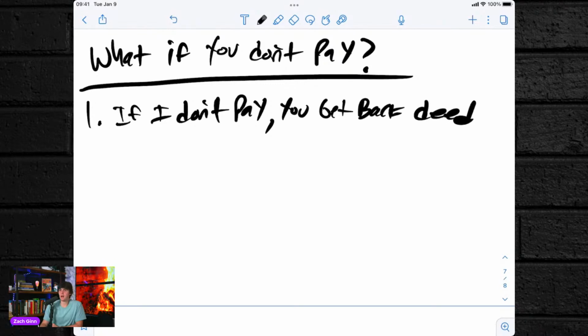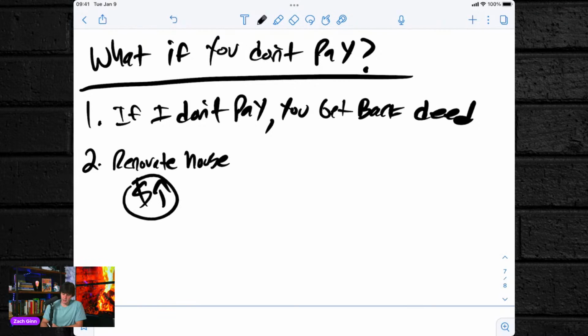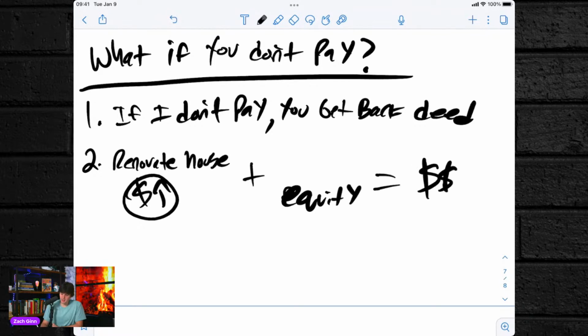You can write it into a contract where the deed actually goes back to the person if I miss even one payment. Number two, I'm going to renovate the house, which basically means you get the value add on the renovation plus the equity I paid in with the mortgage. So you'll be making a ton of money.